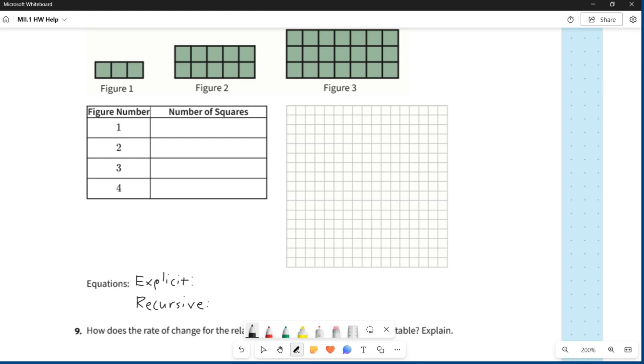So for figure 1, it's easy enough to count them up, 1, 2, 3. So we have 3 squares. For figure 2, you could count them. You could also notice that this is a rectangle where my height is 2 squares, and my, we'll call it width, is 5 squares.